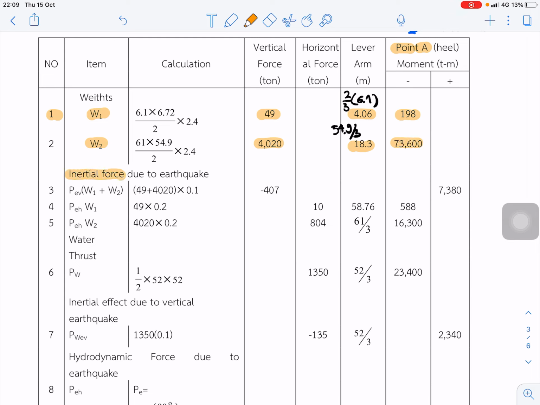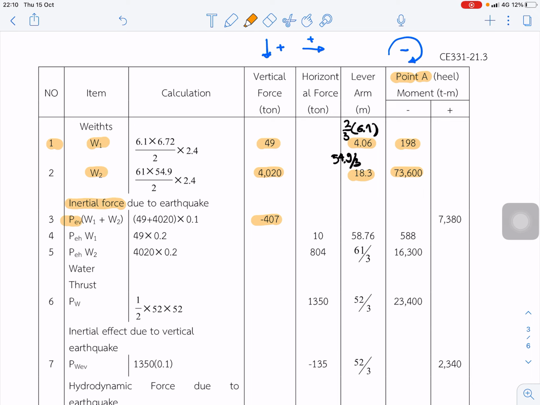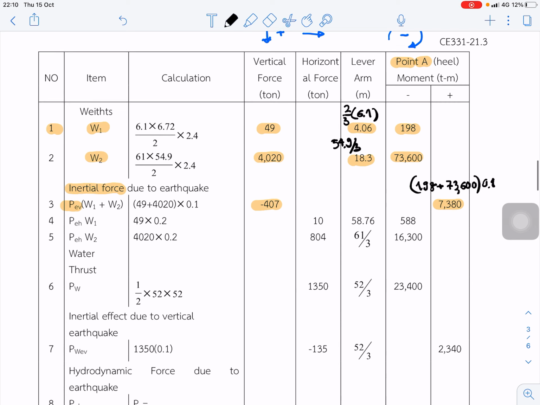For the next, the inertial force for vertical earthquake of weights 1 and 2. This means the force is upward. This number comes from the summation of 988 plus 7,033 times 0.1. So we got this number.